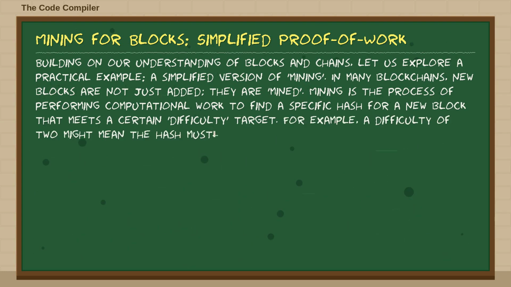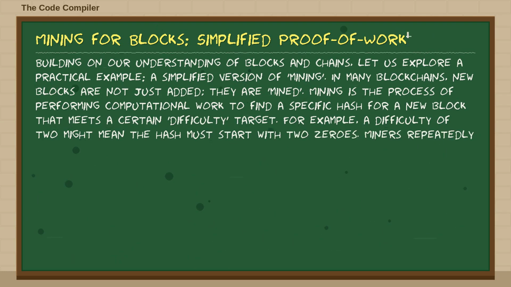For example, a difficulty of 2 might mean the hash must start with 2 zeros. Miners repeatedly change a value called a nonce within the block until its hash satisfies this condition. This process is known as proof of work.